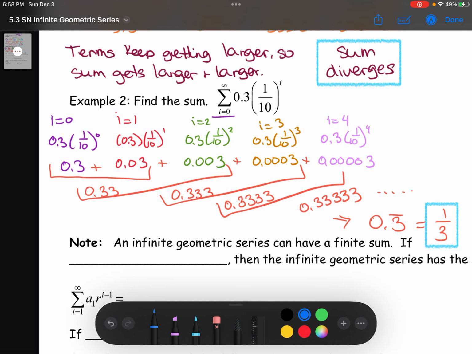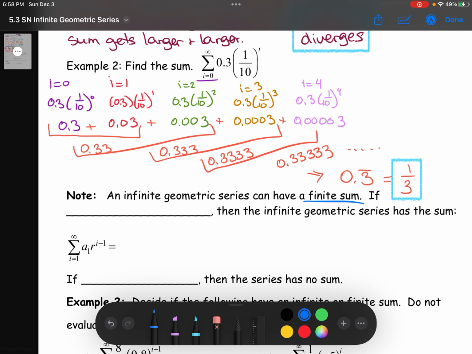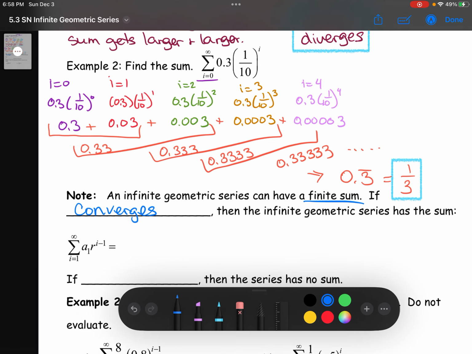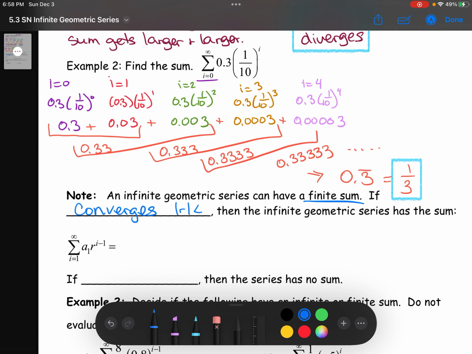Now, here's the differentiation we need to make. An infinite geometric series can have a finite sum. Finite sum means an actual answer to the sum of all the terms. So, if it converges, meaning the absolute value of r is less than 1, then the infinite geometric series has a sum.